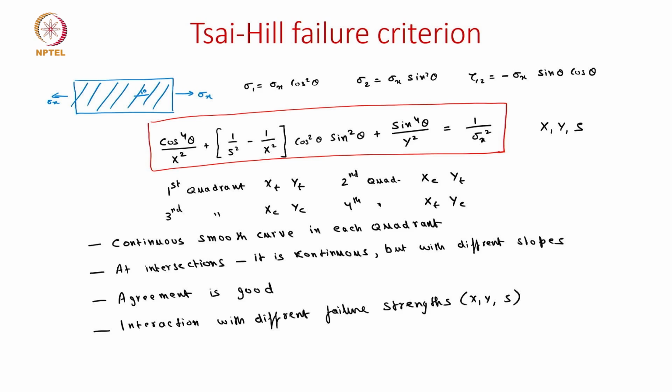That is why we got a continuous smooth curve at least in each quadrant, because moving from one coordinate quadrant to the other, we said we need to take care whether it is a positive or negative. Accordingly, we will give a tensile strength or a compressive strength.